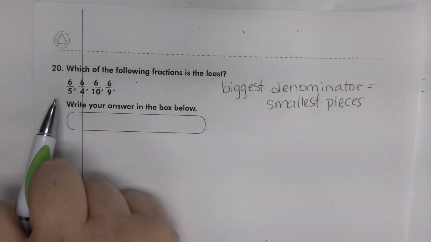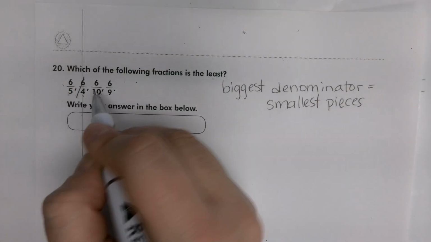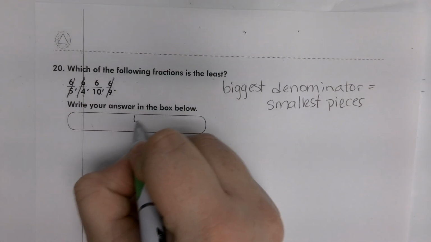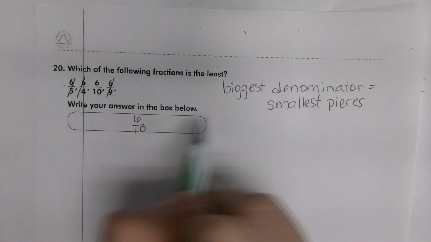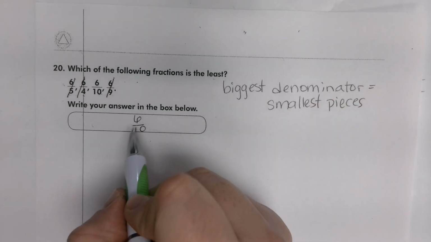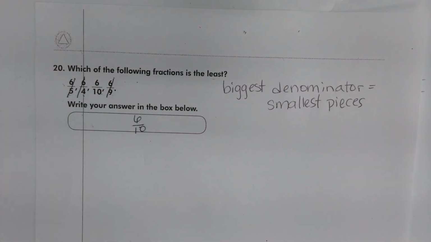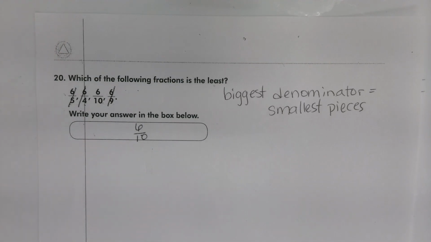Okay, so 5 is bigger than 4, 5 is less than 10, and 10 is more than 9. So 6/10, 10 is going to be the biggest number in the denominator, so it's going to have the smallest pieces. So 6/10 would be the smallest out of all of those options.